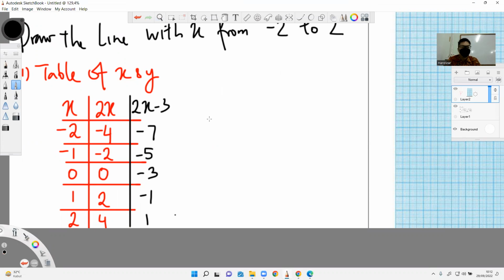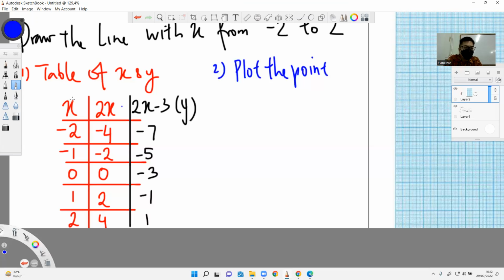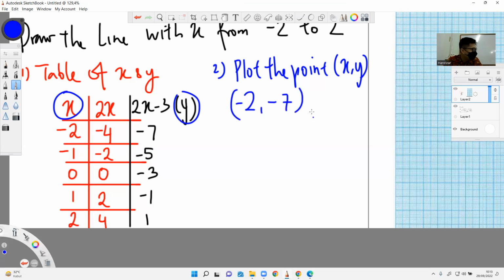So this is the y. After you get the table of x and y, you plot the points. Okay, what are the points? x, y, right? What are the x, y? -2 and -7. Get it, guys?